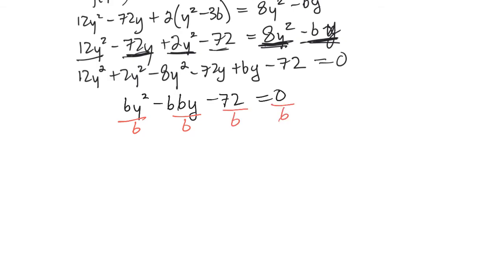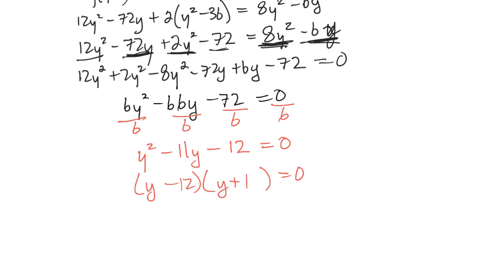So I'll have y squared minus 11y minus 12, I think, is equal to 0. Quadratic factor, so y minus 12, y plus 1, I think is the correct factorization. Then the 0 property, so y is either 12 or negative 1.